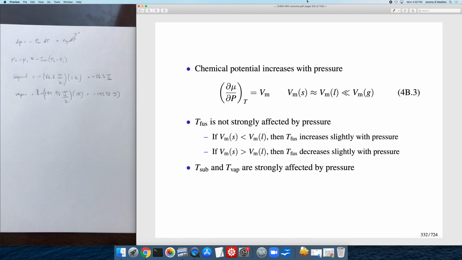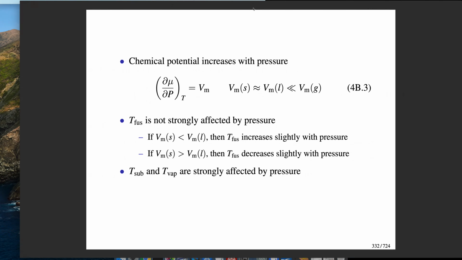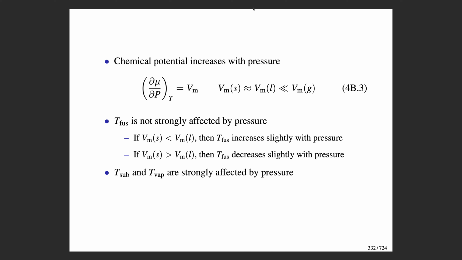Here in this slide, we're looking at the other part of that equation that we had at the beginning. We're focusing on the change in chemical potential with respect to pressure. So here we've got the change in chemical potential with respect to pressure is equal to the molar volume.